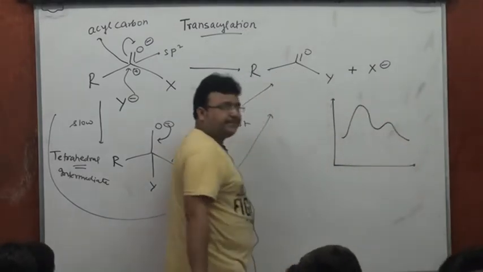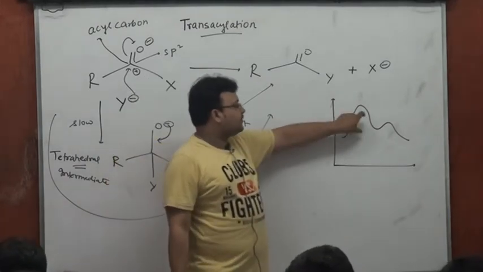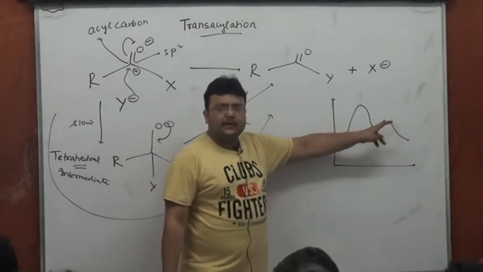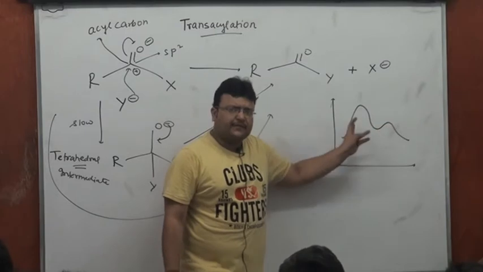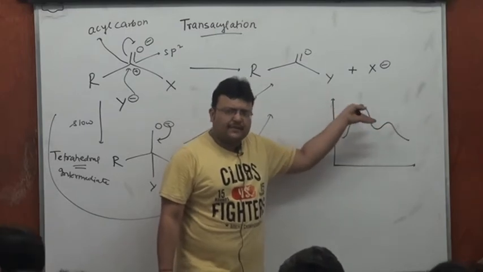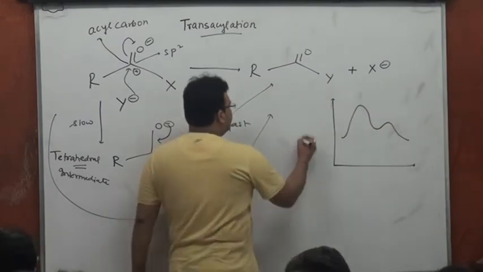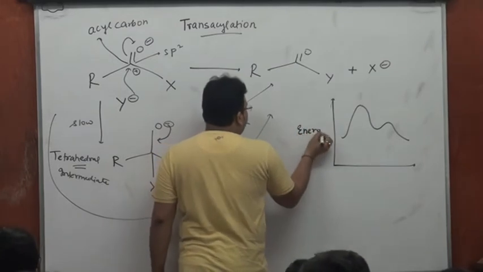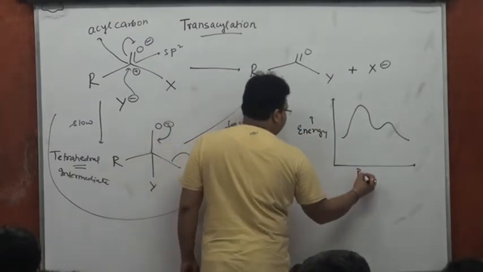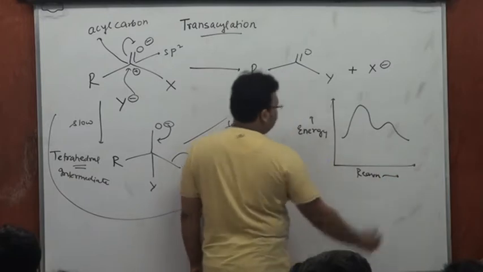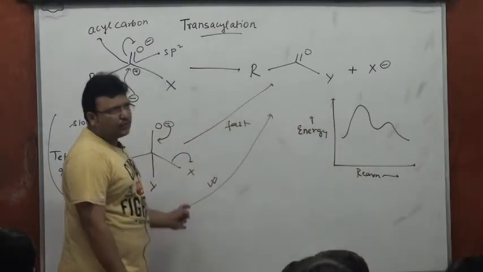Yes or no? The first with a higher peak, the second with a lower peak. Again suggesting it's a two-step process, where the first step is the slow step and the second step is the fast step. So I could plot the energy profile and confirm it's a two-step process.